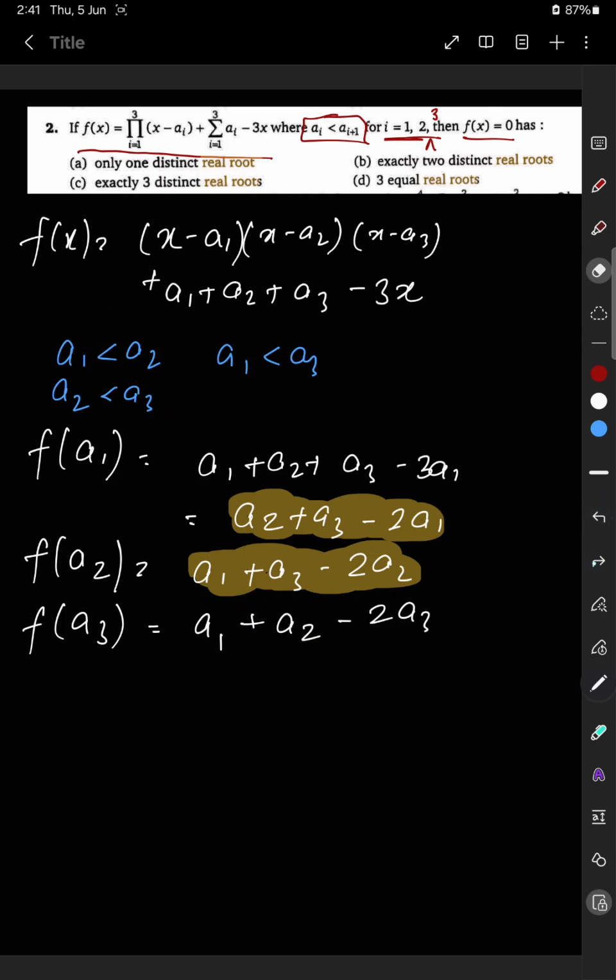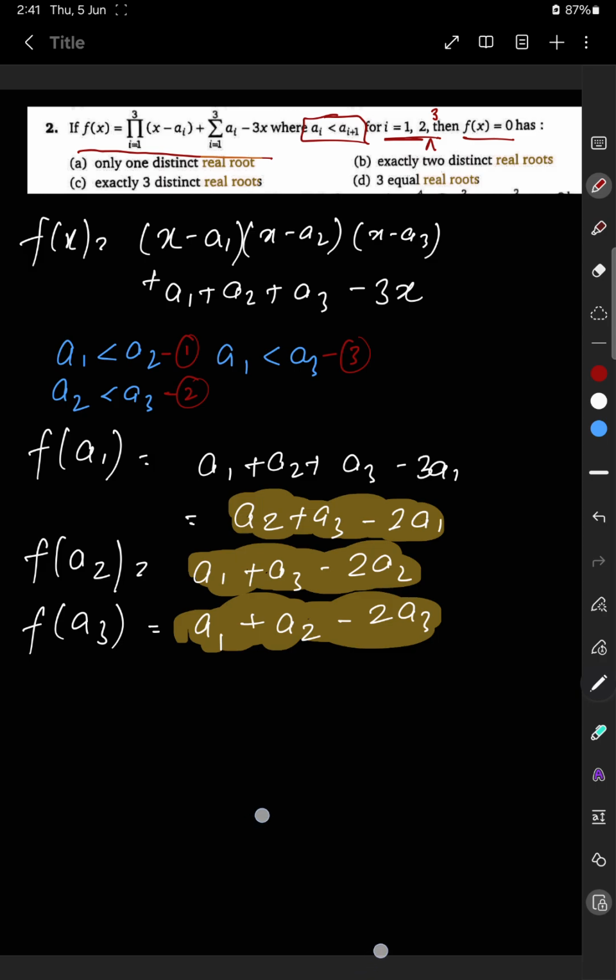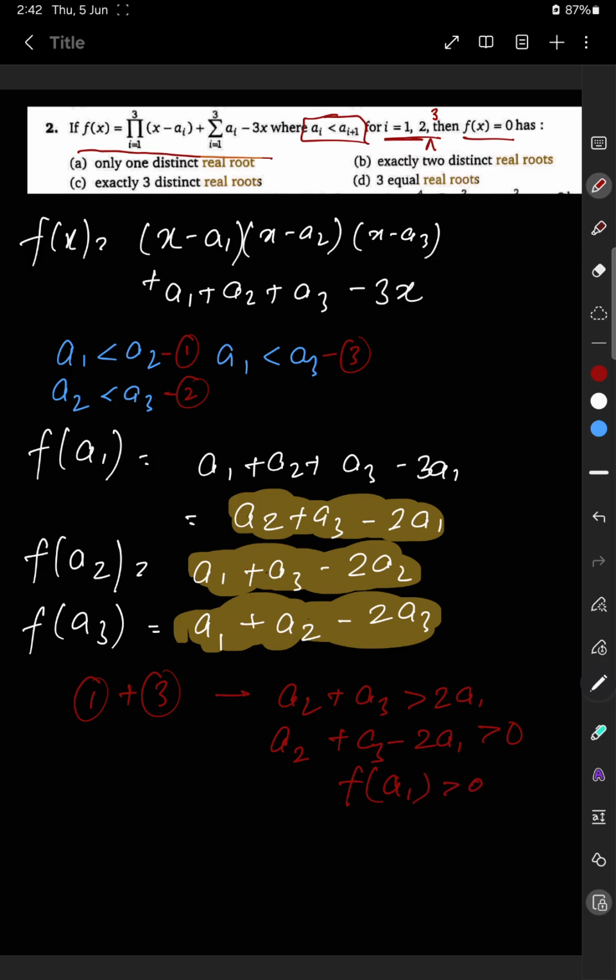Let us call this equation number 1, this equation number 2, this equation number 3. On adding 1 plus 3, we get a2 plus a3 greater than 2 times a1, which on taking a1 to the left side gives a2 plus a3 minus 2 times a1 greater than 0, which implies that f of a1 is greater than 0.